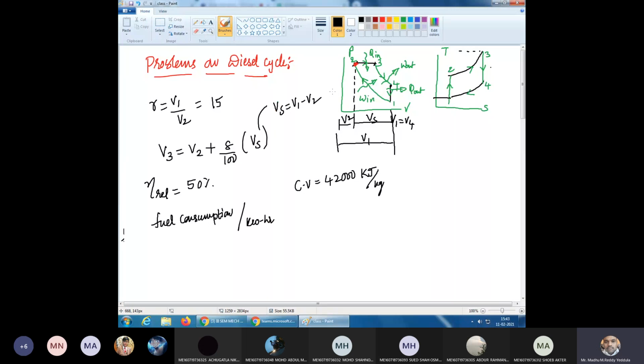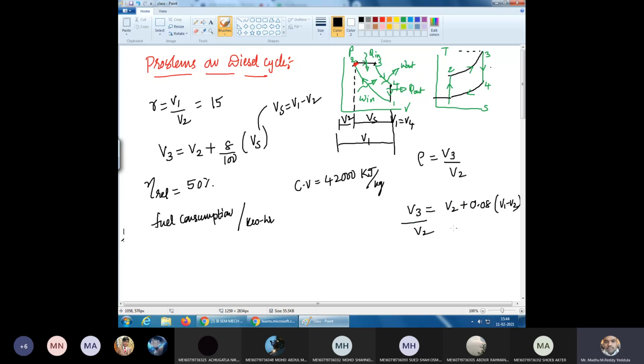And the cutoff ratio is V3 by V2. We know V3 is equal to V2 plus 8 by 100, that is 0.08, into Vs, which I can replace with V1 minus V2.